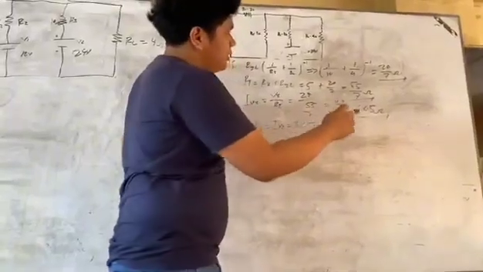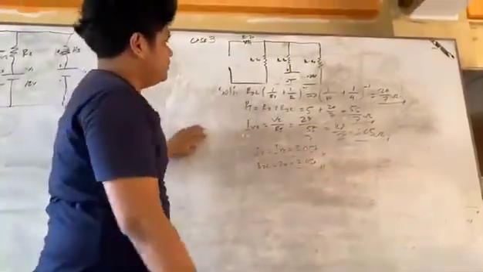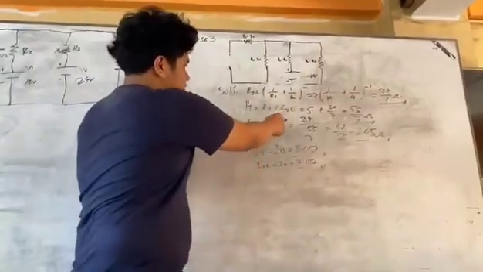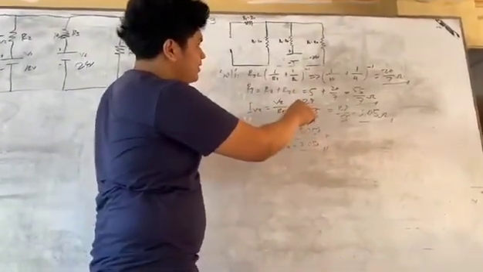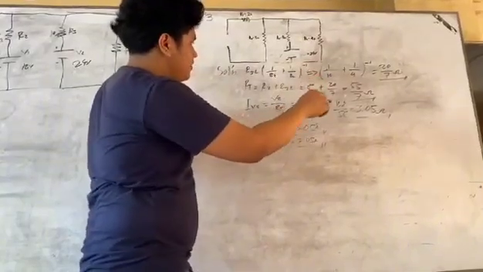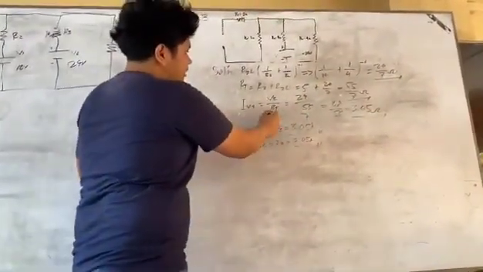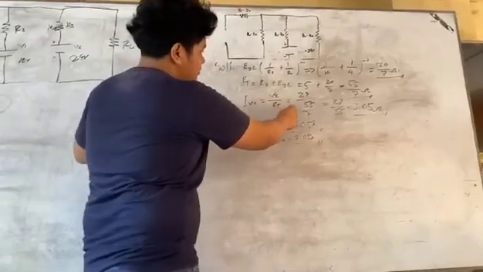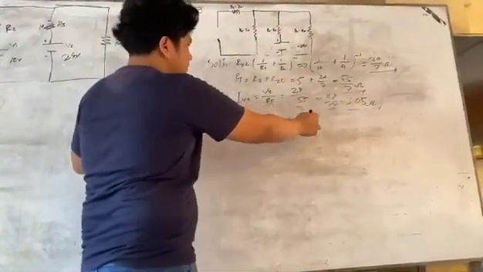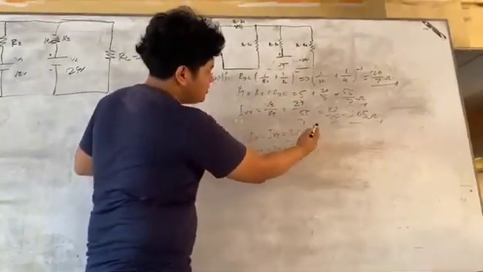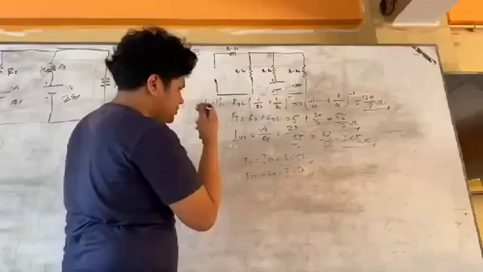RP is R2 plus R3L, which equals 5 plus 20 over 7, which is 55 over 7 ohms. IV2 is equal to V2 over RP, which equals 24 over 55 over 7, which equals 168 over 55, or 3.05 amps.